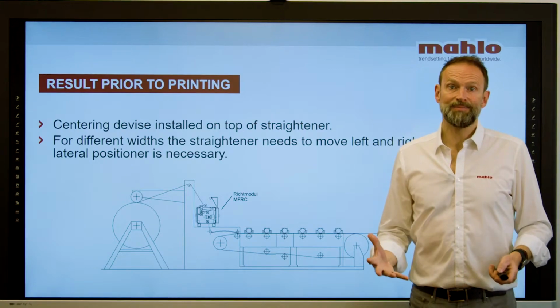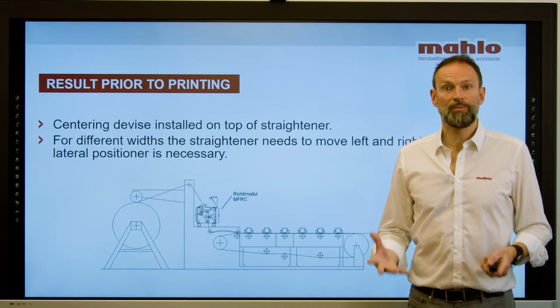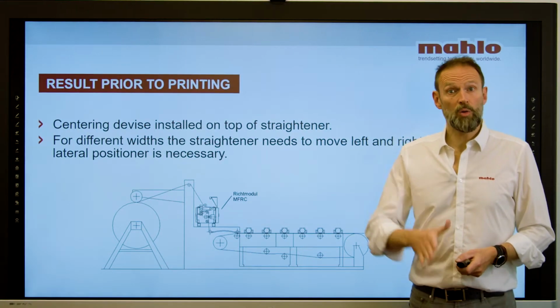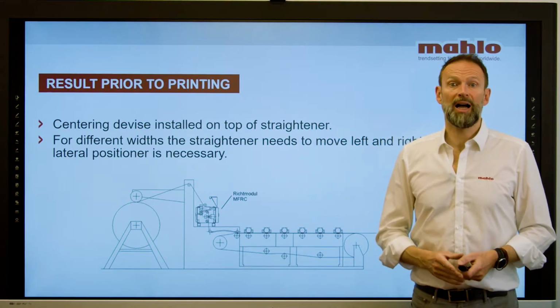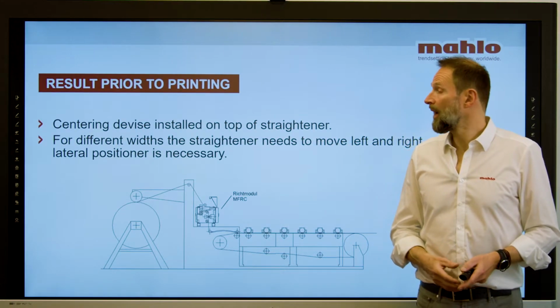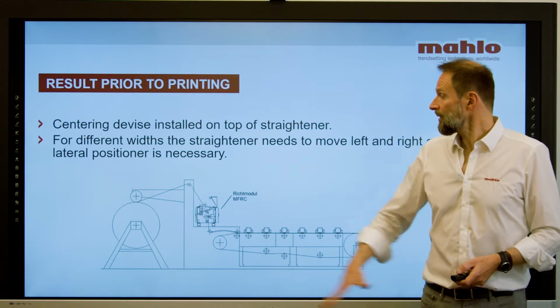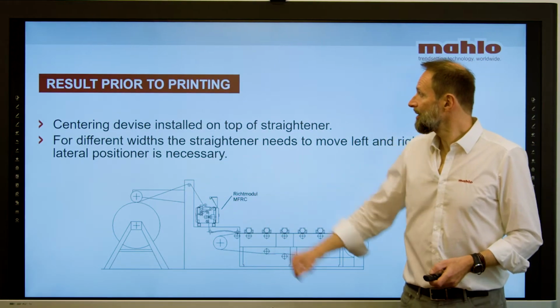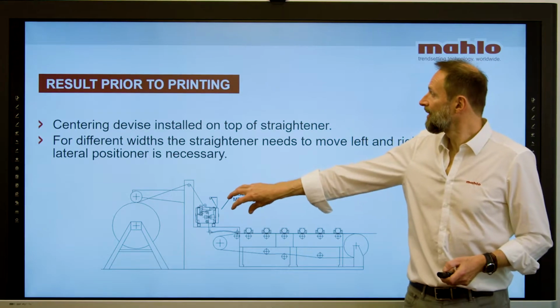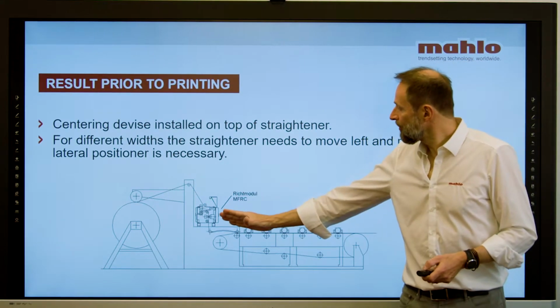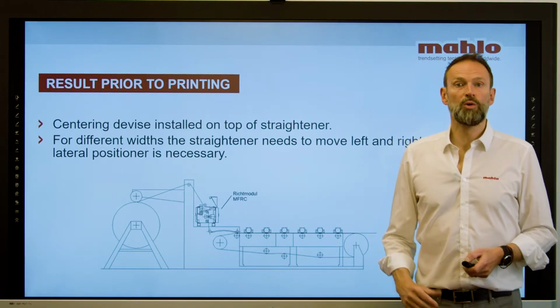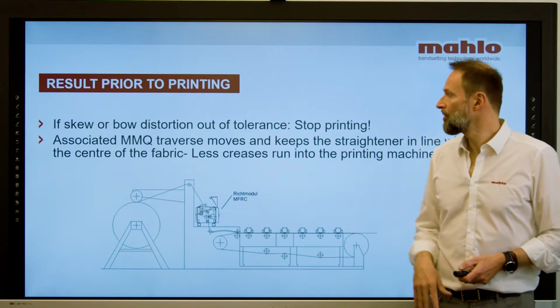And like that, you can make sure that your result is always of the same high quality as required by your customer. Again, the centering device would be on top of that, and for different widths the straightener would move to the left and to the right.